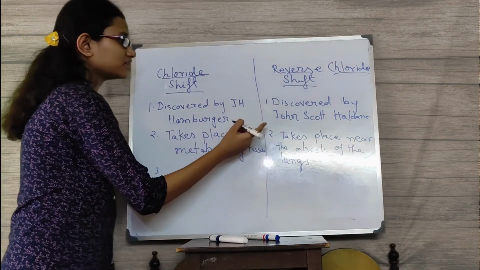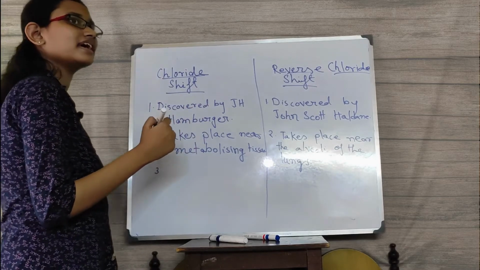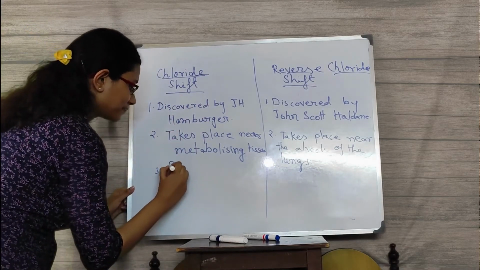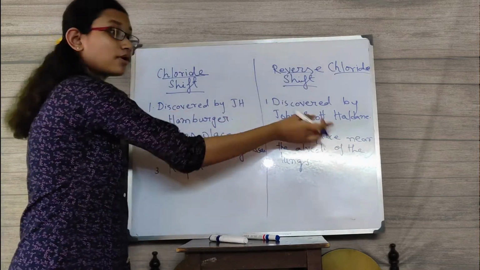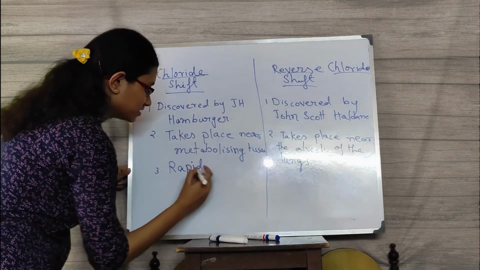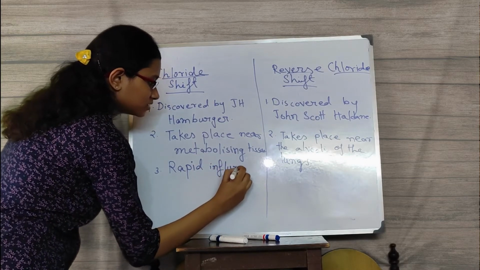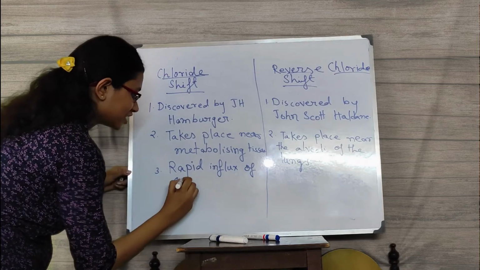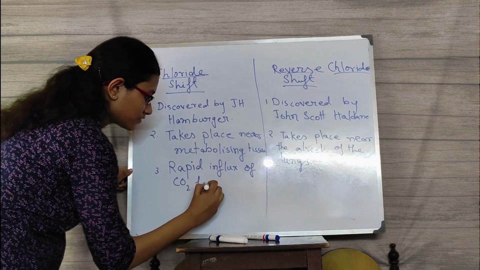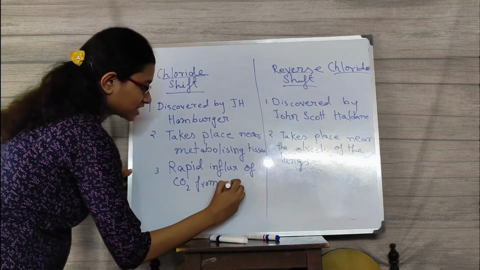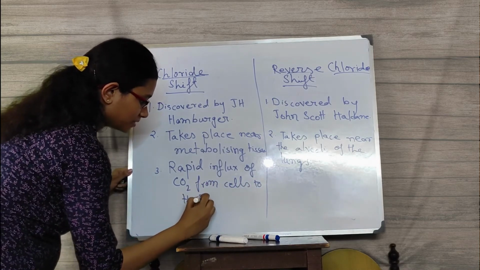Here there was a reductive environment, that is, carbon dioxide was taken in by the cell, a rapid influx of carbon dioxide from the metabolizing tissue to the RBCs.